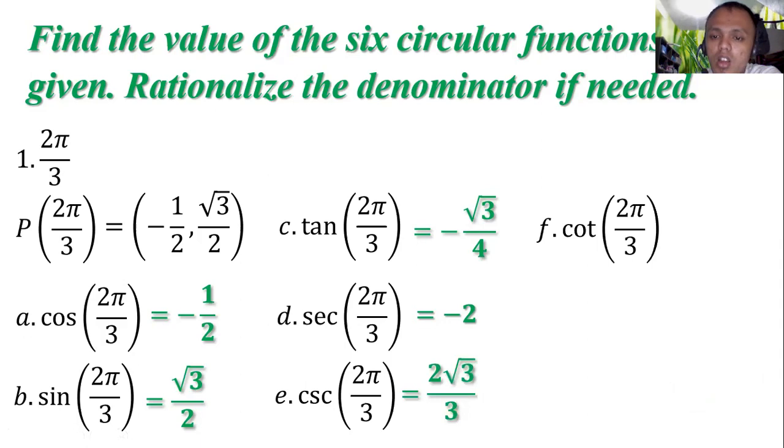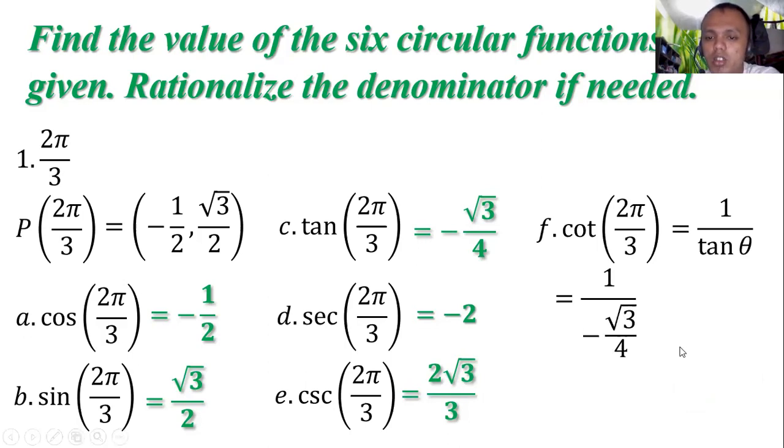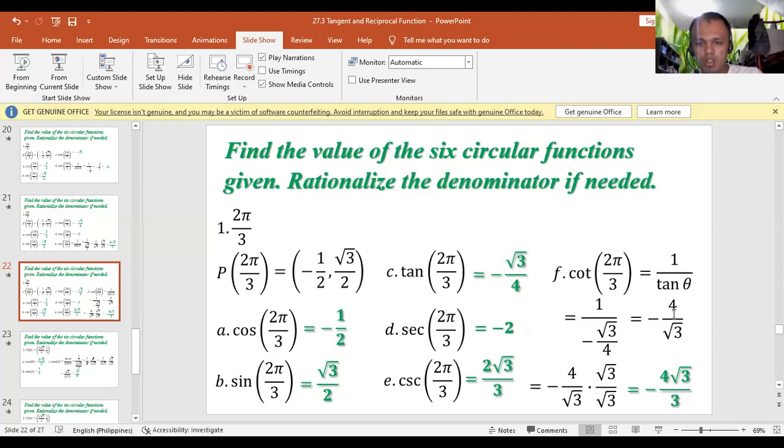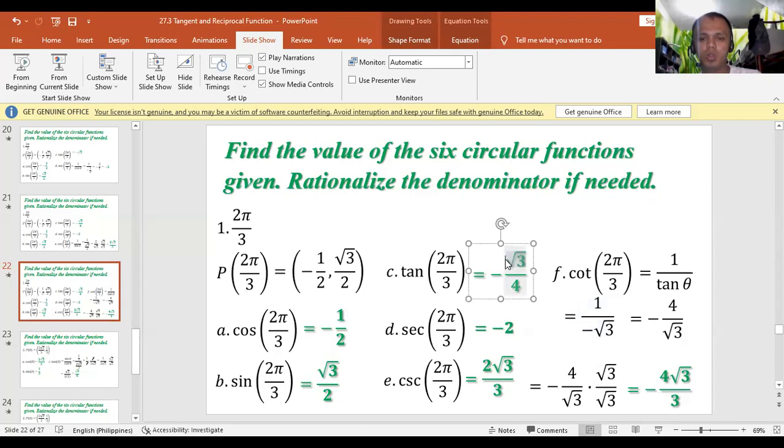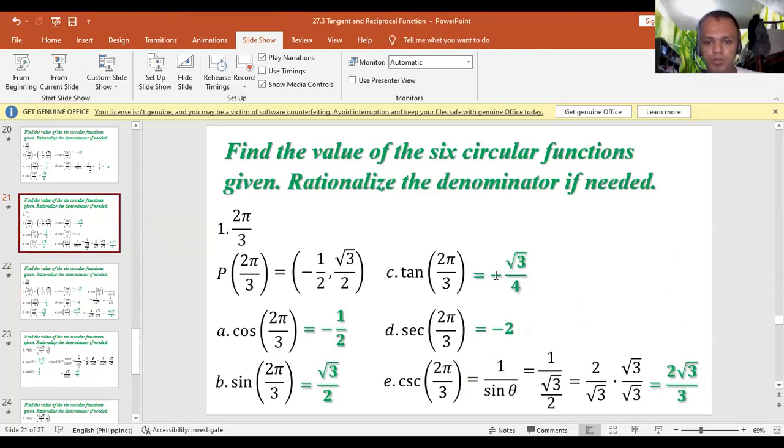Next, cotangent, no? 2 pi over 3. Now, your cotangent here is equal to 1 over tangent theta. Sulitin natin to. Ito yung magiging tangent theta natin, square root of 3 lang yan.